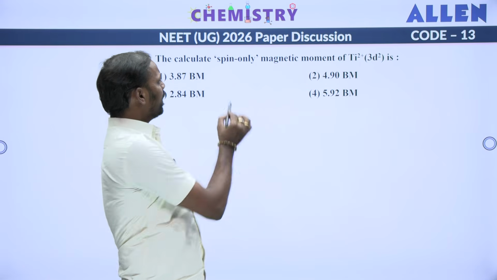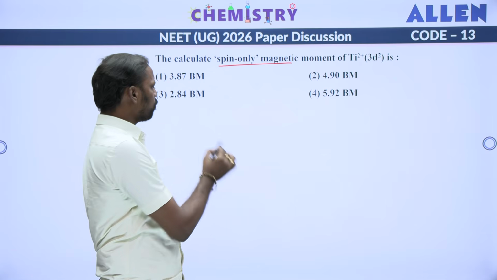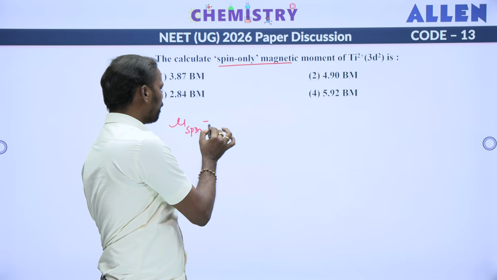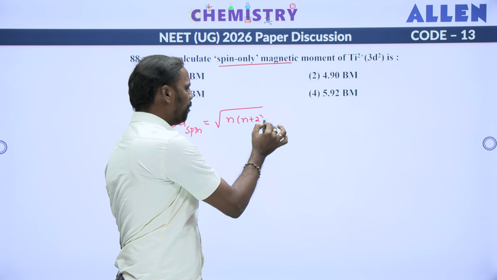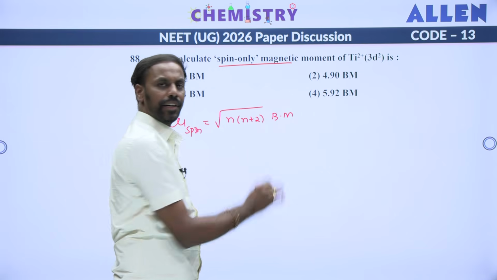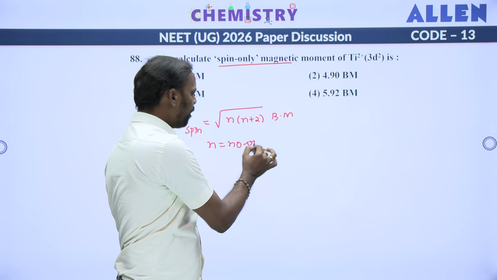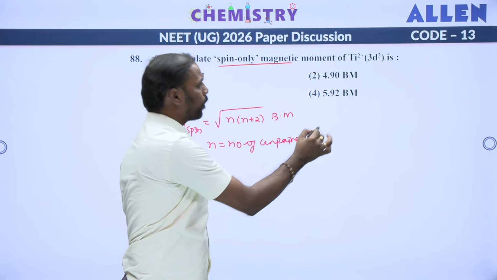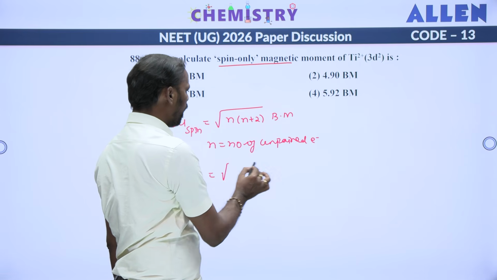Next, calculate the spin only magnetic moment of titanium plus 2. As we know, student, spin only magnetic moment is equal to square root of n into n plus 2 Bohr magneton. What does this n indicate here? Number of unpaired electrons. As we know, how many unpaired electrons are present? 2 unpaired electrons.